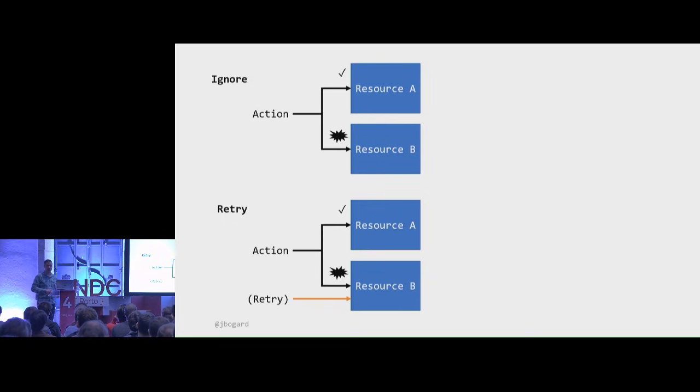Option 2 is to retry that operation. That is, I perform some operation with resource A, I do some action with resource B, it fails, and instead of giving up on it, I just try it again. Now, there is a lot more detail behind being able to do retries. I have to worry about, can that operation actually be retried in the first place?